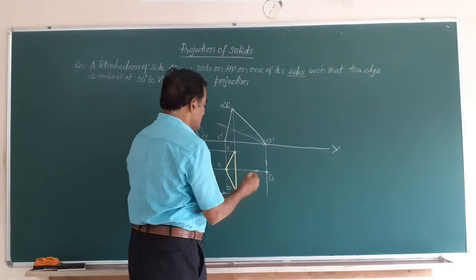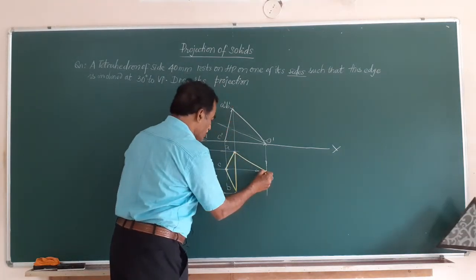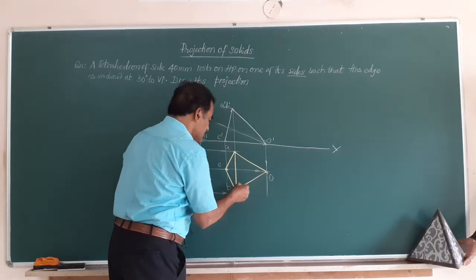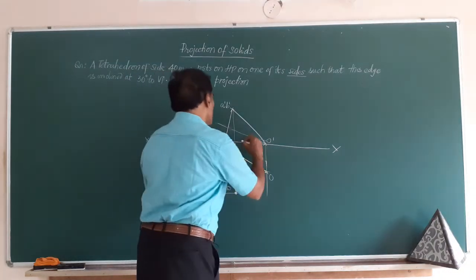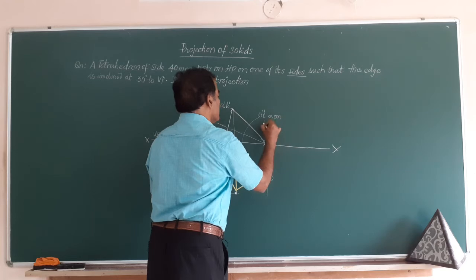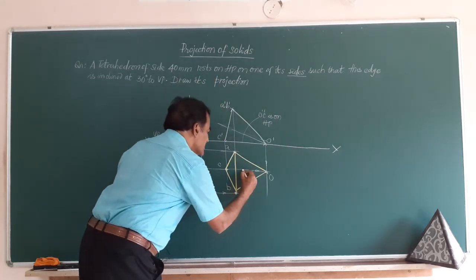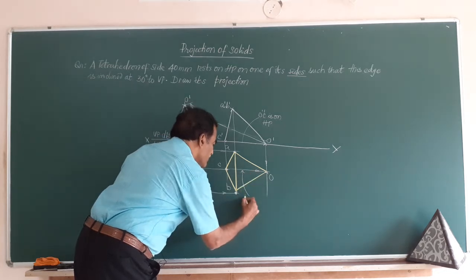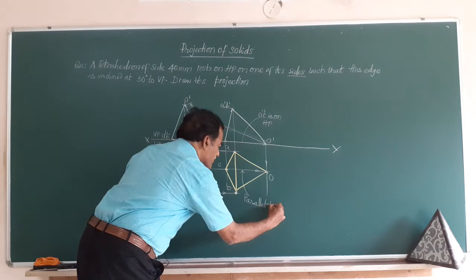So, let me join this O to A by a dark line, O to B by a dark line, and friends, you know very well the object is resting on OC or O dash C dash is on HP, and that O dash C dash you can see here, it is parallel to VP.